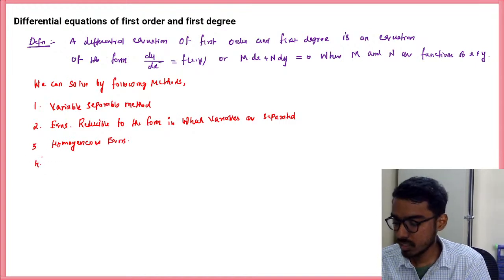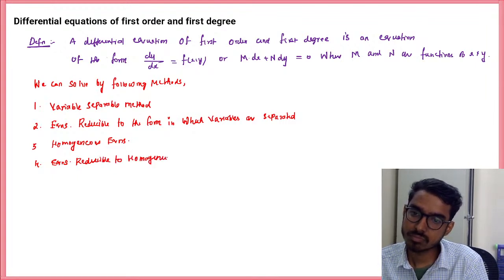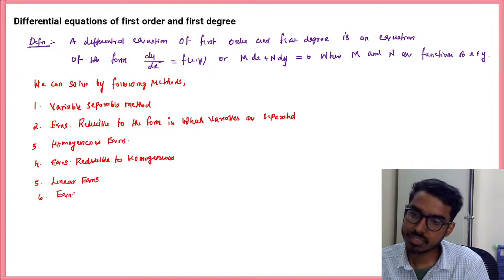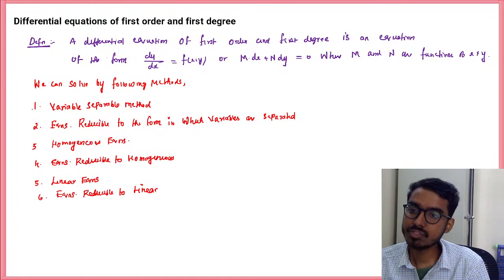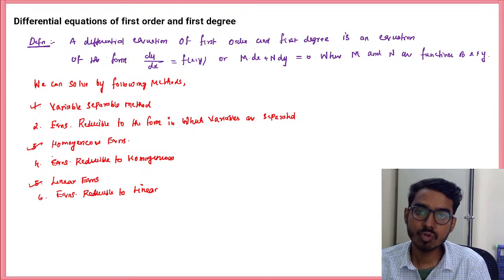Fourth one is equations reducible to homogeneous. And fifth one is linear equations. And sixth one is equations reducible to linear equations. Okay, actually 1, 3, 5 are the methods you need to know.